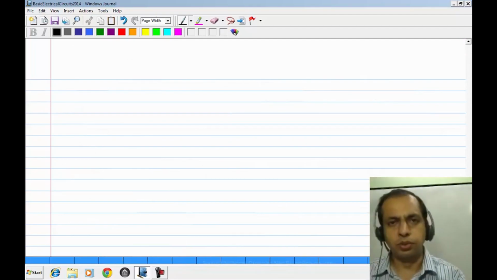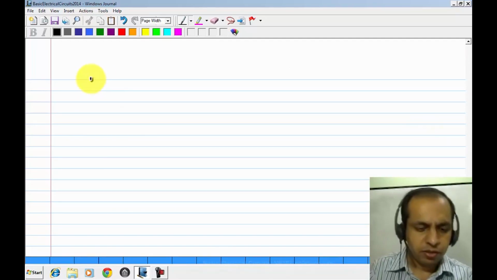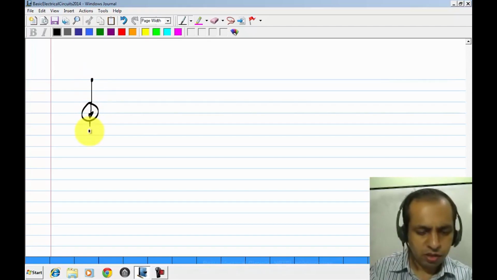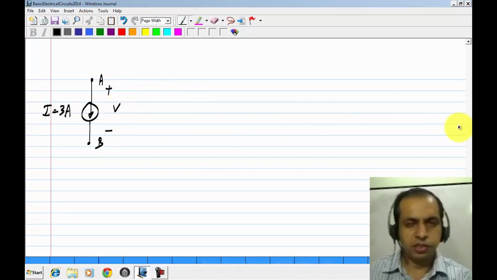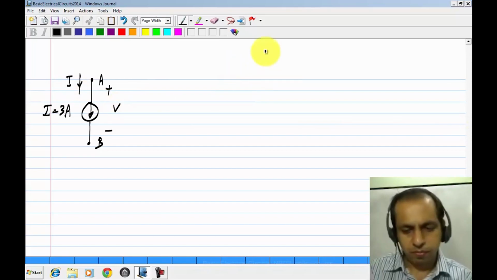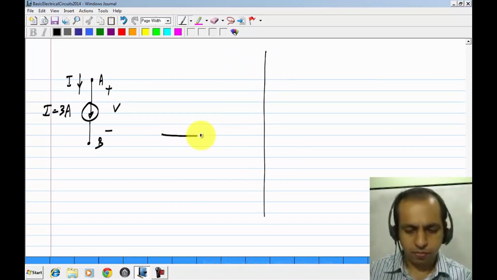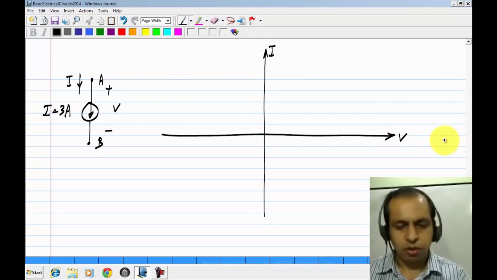Now, as with the voltage source, we depict the characteristic of a current source graphically. So, let us take a current source of value 3 amperes, and the voltage is defined in this direction according to passive sign convention. This is I, that is V. Now, it maintains a current regardless of the voltage.